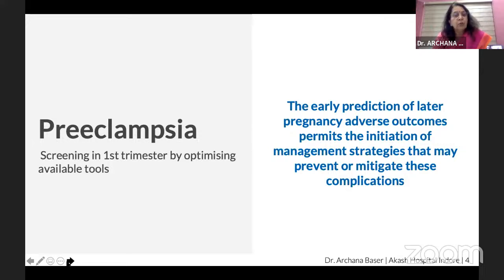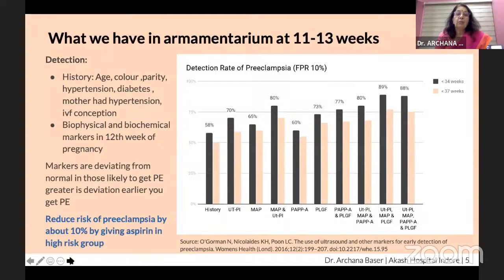So, preeclampsia screening in the first trimester by optimizing available tools, that is, the technology which we have. The early prediction of later pregnancy adverse outcomes permits the initiation of management strategies that may prevent or mitigate these complications. What we have in the armamentarium at 11 to 13 weeks of pregnancy: you can predict preeclampsia by history, age, color, parity, hypertension, diabetes, mother having hypertension, IVF conception, and biophysical and biochemical markers in the 12th week of pregnancy.